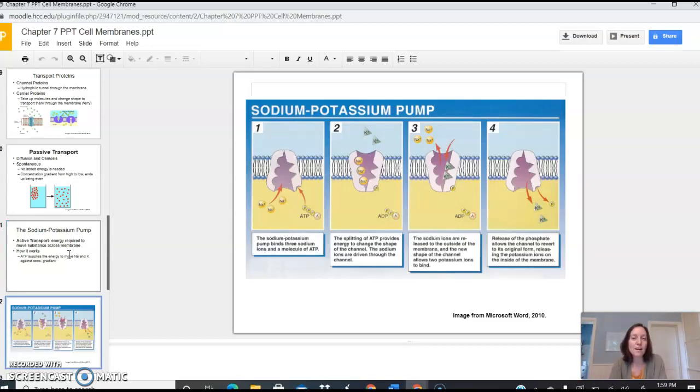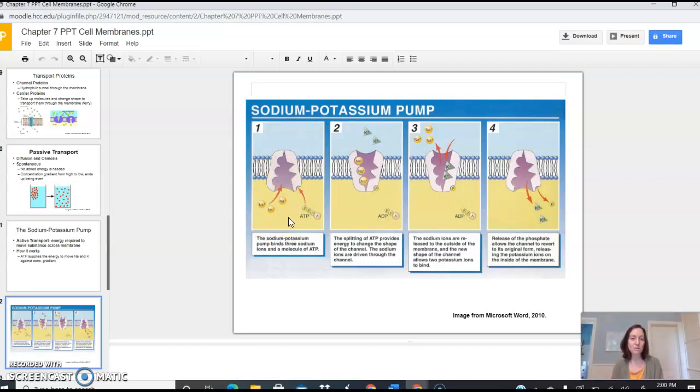This is a simple diagram showing the sodium-potassium pump. What we've got here is the phospholipid bilayer and a big protein. It's open towards the inside of the cell in this first picture, and there are 3 circle-type spots there for 3 sodium ions.